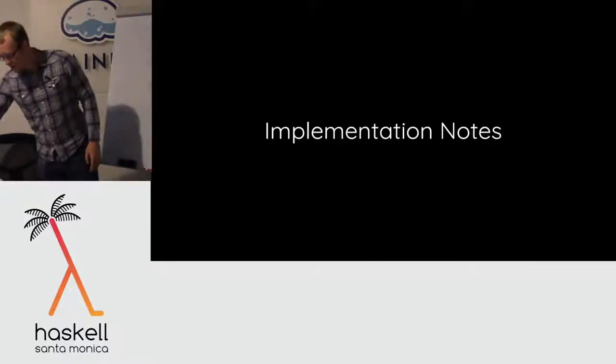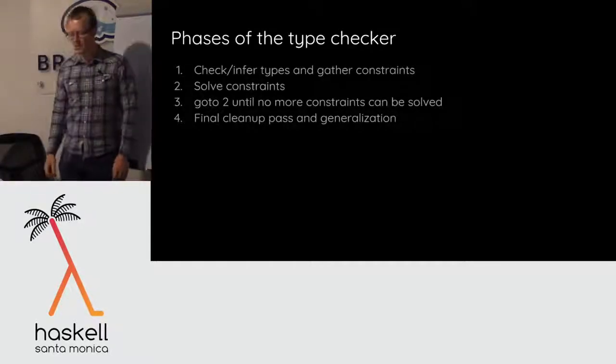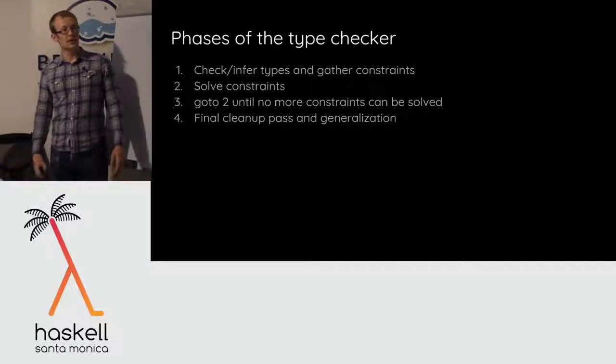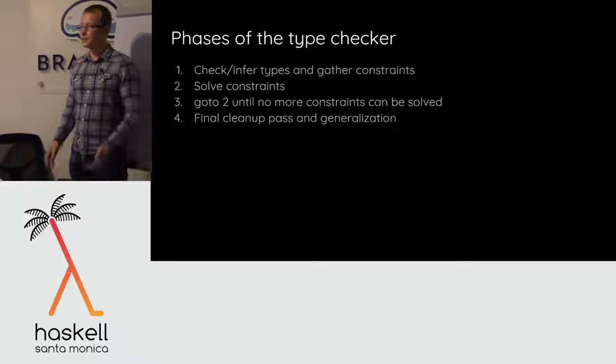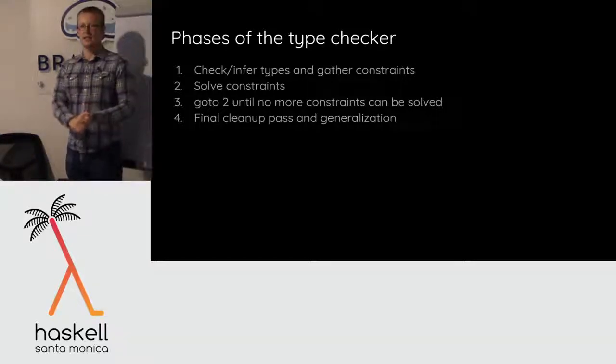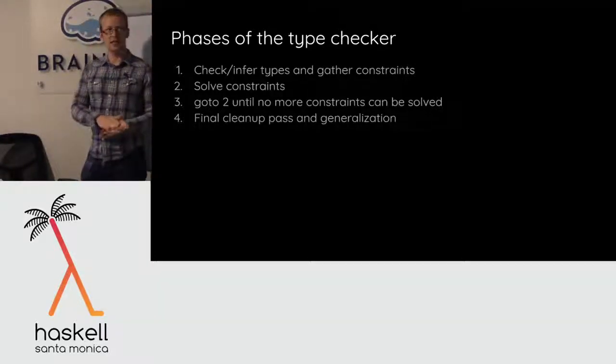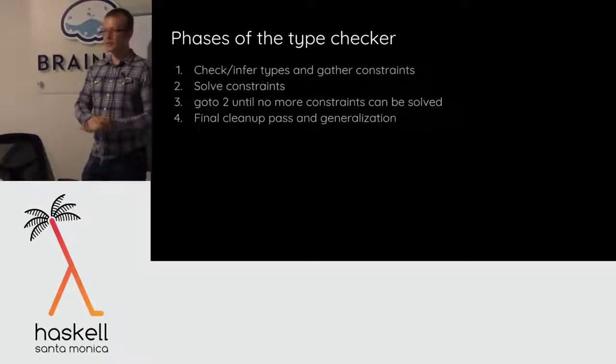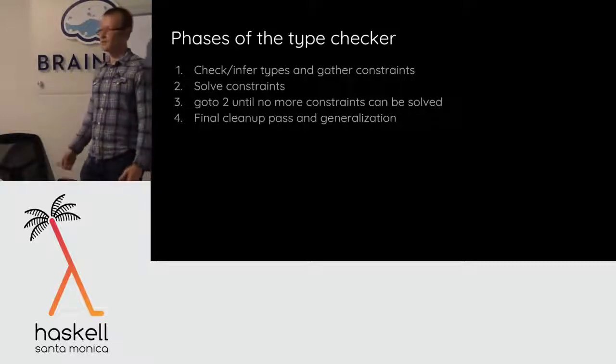Of course. Okay, so a little bit about the implementation. The type checker at a very high level can be summarized like this. What is a type checker? First of all, it takes a representation of syntax and tries to figure out what it means, right? It tries to infer types, where a type is an approximation to some sort of meaning.